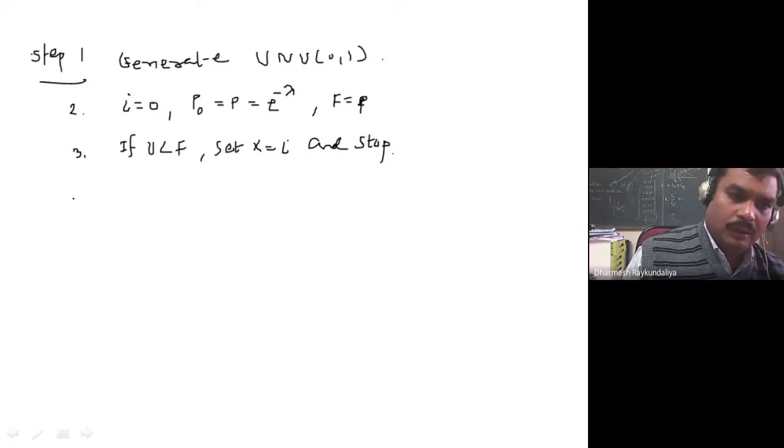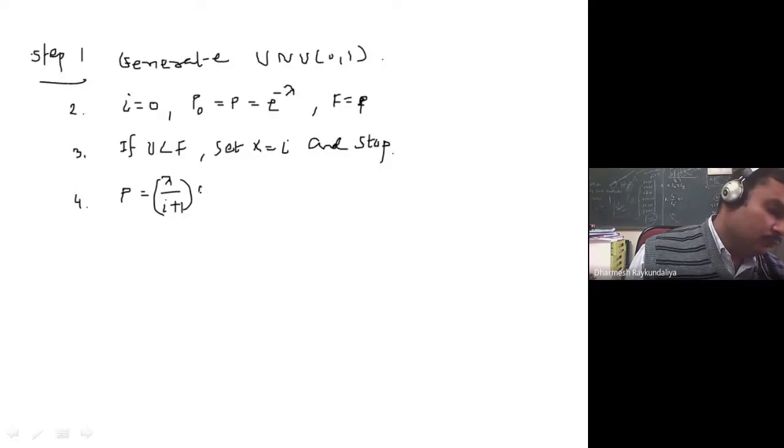If it is not the case, then you will check. You will calculate p equal to lambda upon I plus 1 into p, because we call this p.